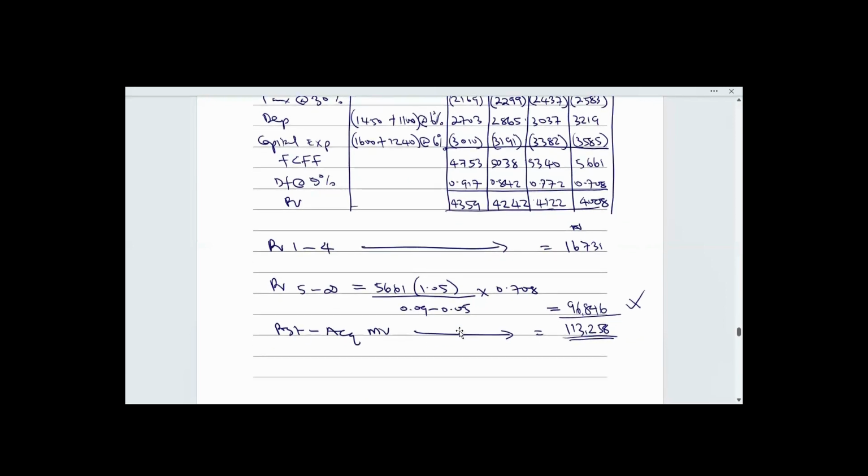Therefore, 5661 multiplied by 1.05 divide by 0.04 multiply by 0.708 equal 105,210.